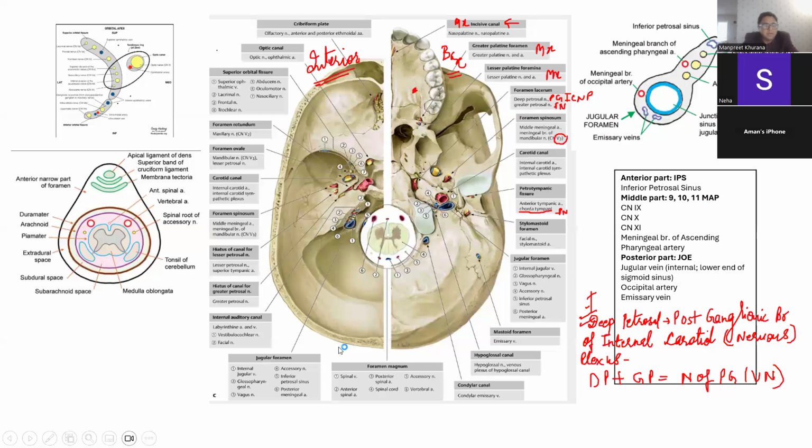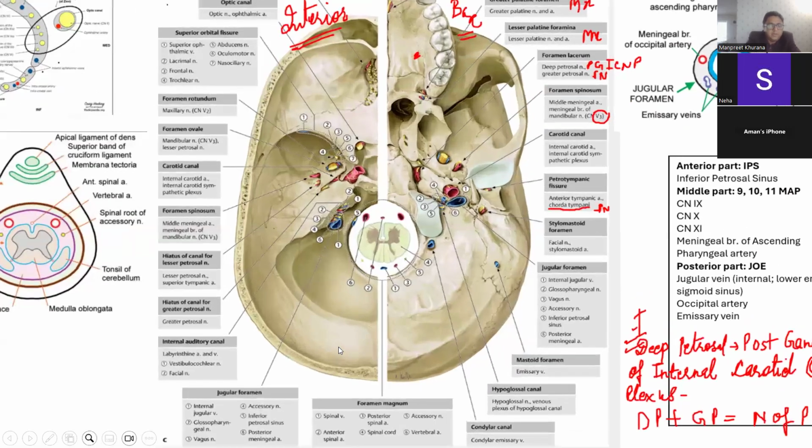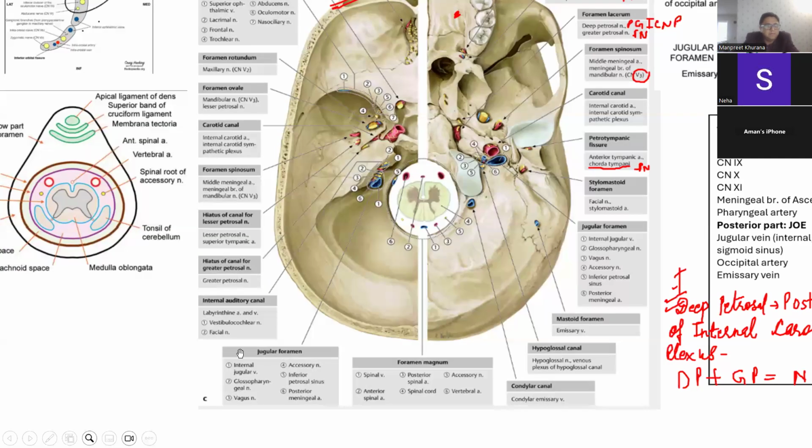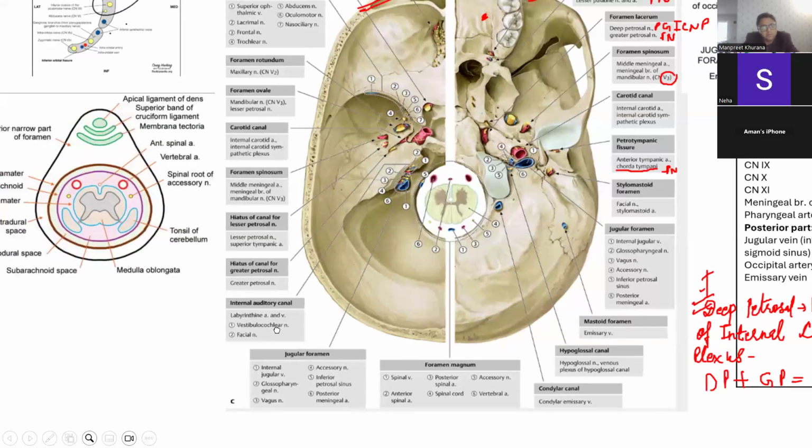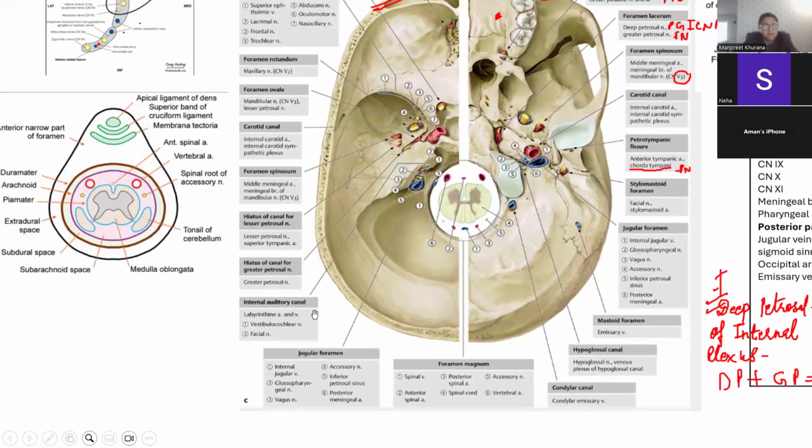Now, after foramen magnum, we have the jugular foramen. We have already done jugular foramen. Then we have the internal auditory canal. We have the vestibulocochlear and the facial nerve. During the facial nerve course and the vestibulocochlear, we'll learn about these two nerves.